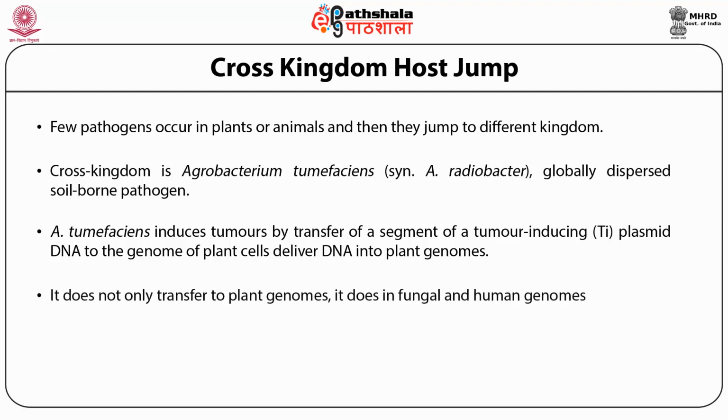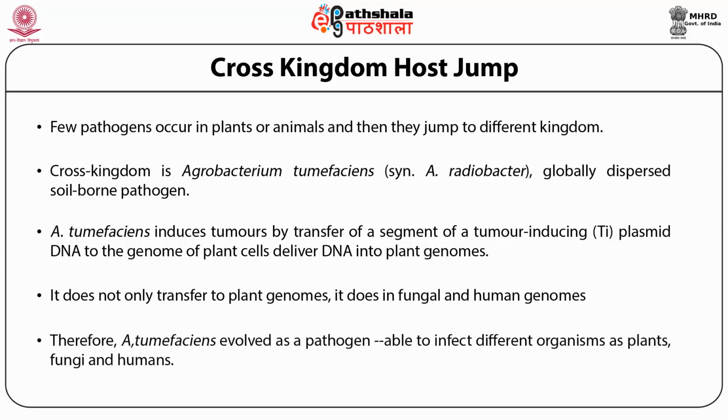It does not only transfer to the plant genome, however, it does so in fungal and even in human genomes. After the integration of this pathogen, there is formation of tumor in fungi and the human kingdom too. Therefore, this pathogen evolved as a pathogen able to infect different organisms such as plants, fungi and humans.